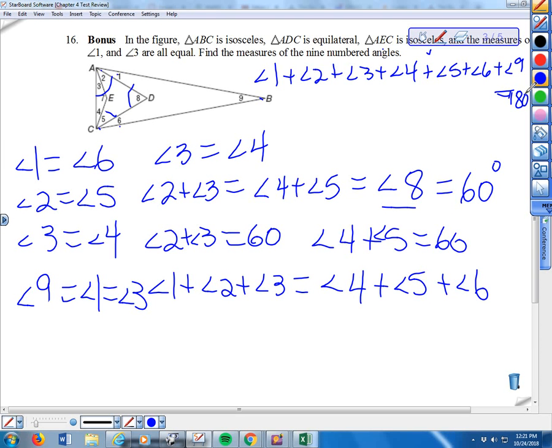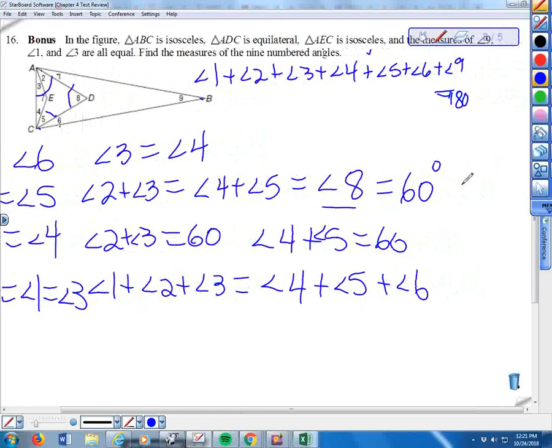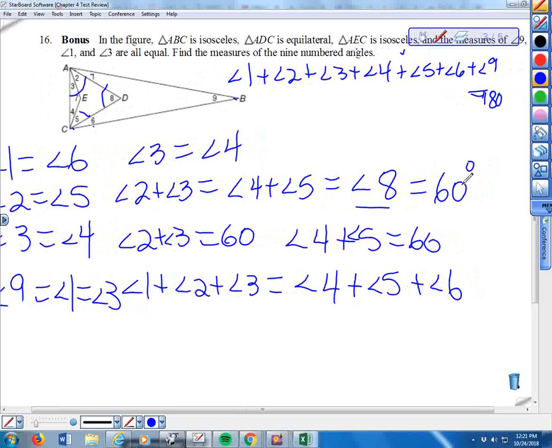And I know that 9, 1, and 3 are equal. So let's just call that x, x, x. And I know that 3 and 4 are equal. So 3 is x, 4 must be x. I know 1 is equal to 6, so that's x.